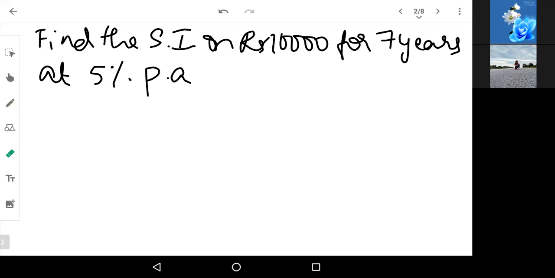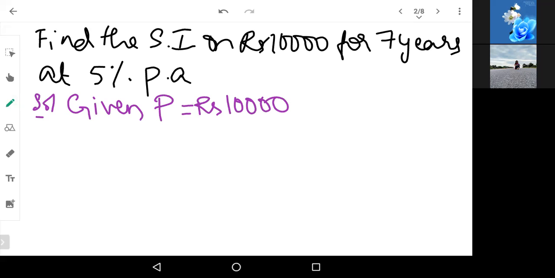So first write down solution. First write down what is given to us. Given: principal amount, that is the loan amount, is rupees 10,000, and then PTR, right?